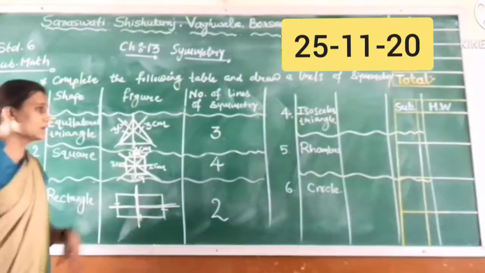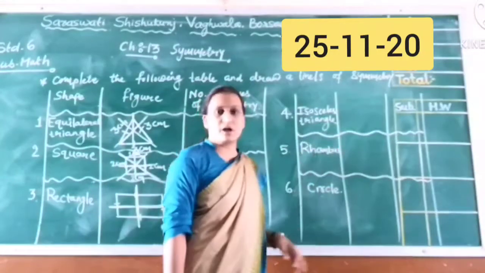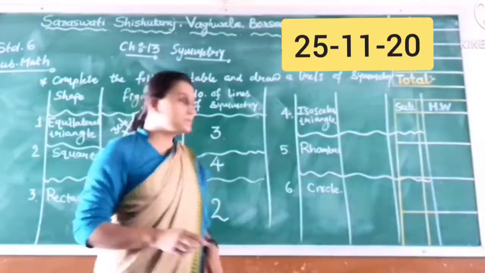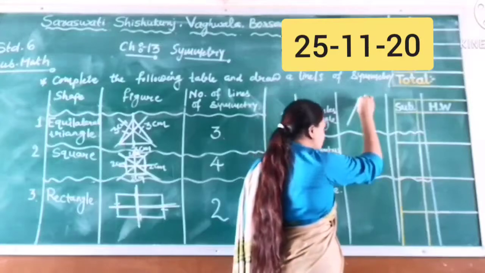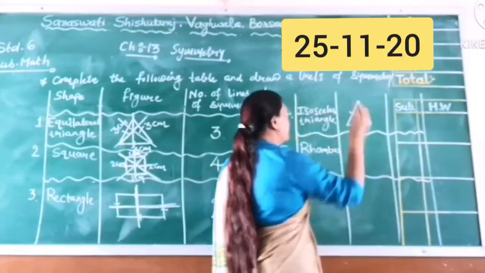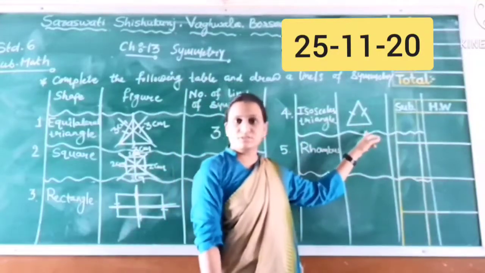Clear? Now let us see the fourth figure. The fourth one is the isosceles triangle. What is the meaning of isosceles triangle? In an isosceles triangle, any two sides are equal. So let us draw the figure. Suppose these two sides are equal. This is known as an isosceles triangle.